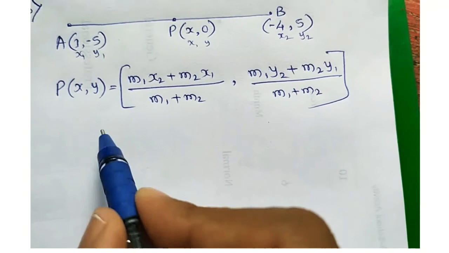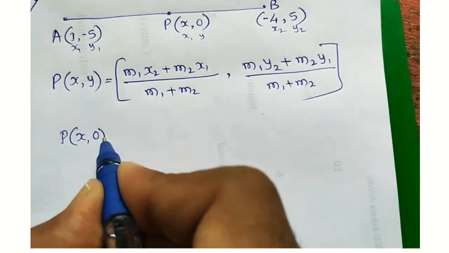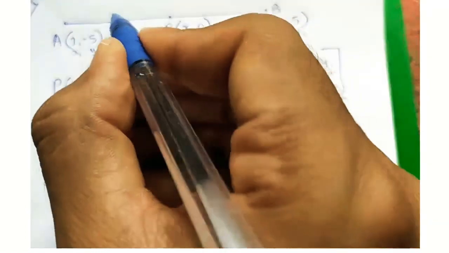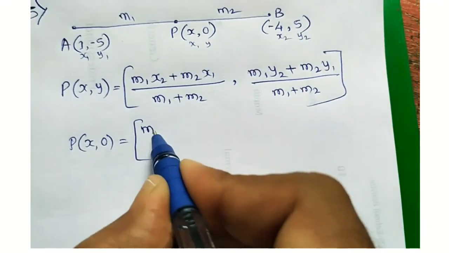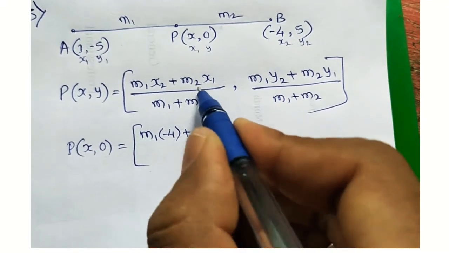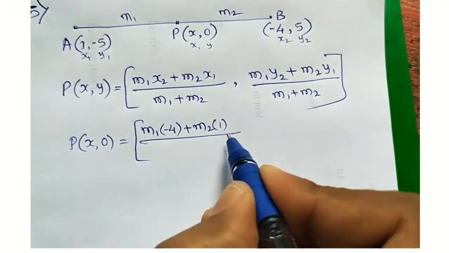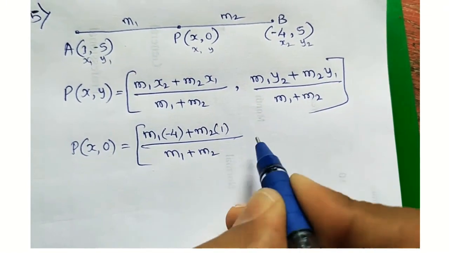Substitute in the section formula. P of x comma 0 equal to m1, m2, we have to find the ratio m1 is to m2. Okay, so write it. M1 x2 is minus 4 plus m2 into x1 is 1 divided by m1 plus m2.